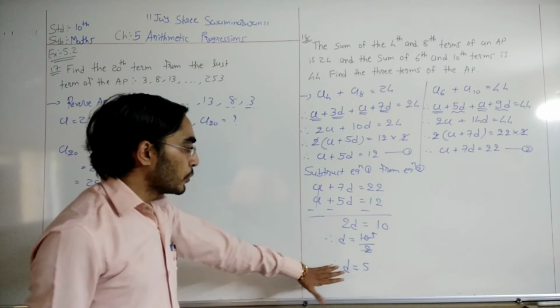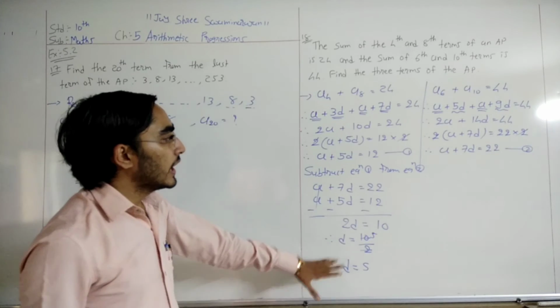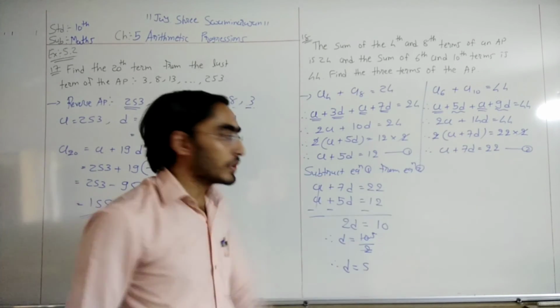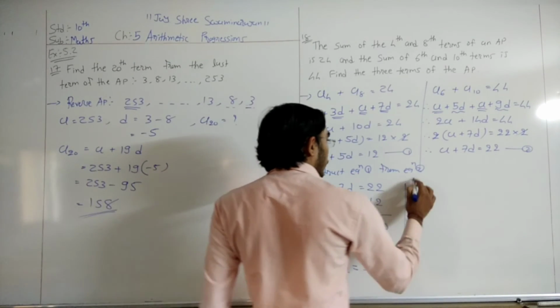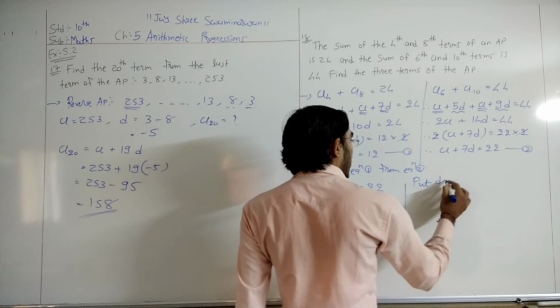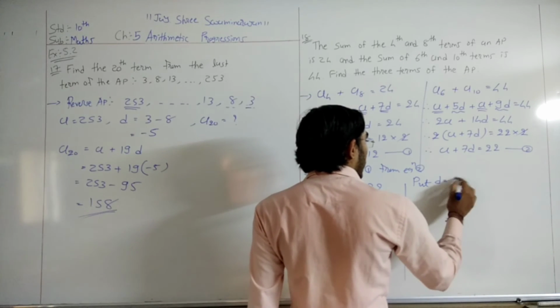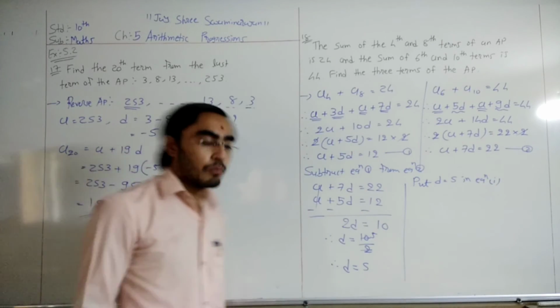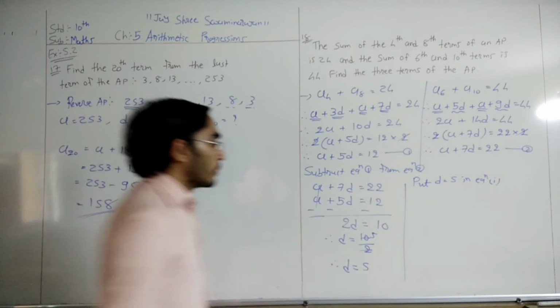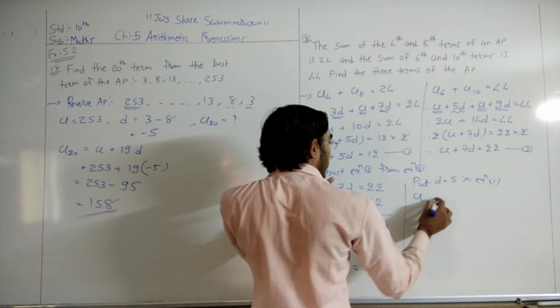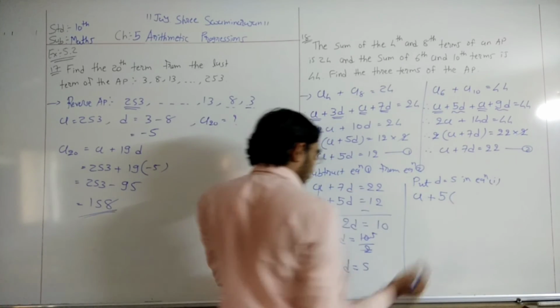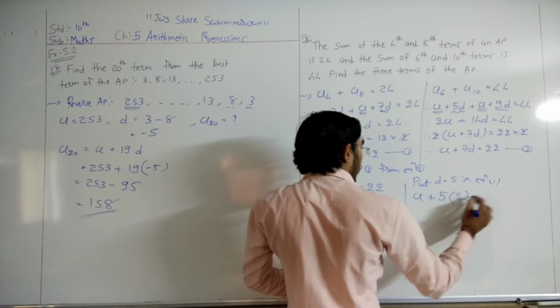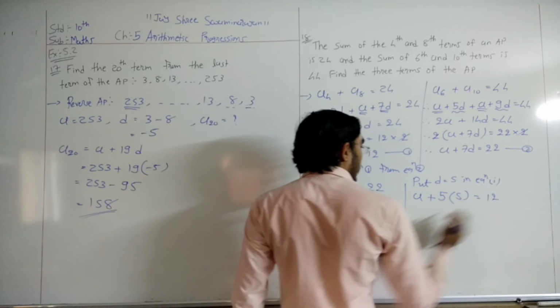Okay. Now we need to put this value in either equation 1 or equation 2. Here I am going with equation 1. Put the value of d here: a + 5 into d, that d is 5, equals 12.